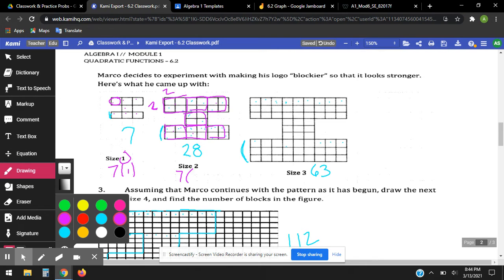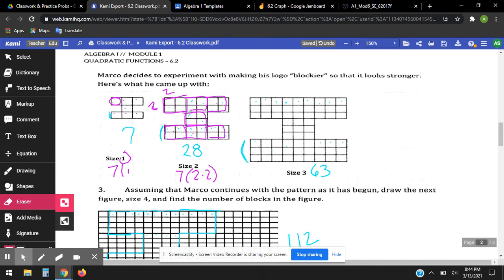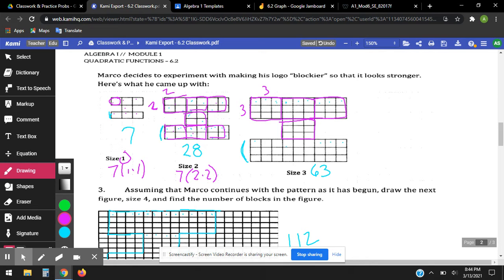I have 7 of my 2 times 2 boxes, right? I guess this would be a 1 by 1 to be consistent. Well, in the size 3, I have a 3 by 3 box, and I also have 4, 5, 6, 7.